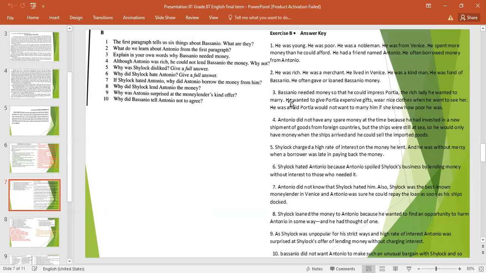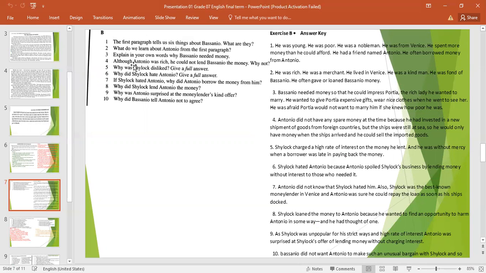Bassanio needed money so that he could impress Portia, the rich lady he wanted to marry. He wanted to give Portia expensive gifts and wear nice clothes when he went to see her. He was afraid Portia would not want to marry him if she knew how poor he was. This is answer number three.